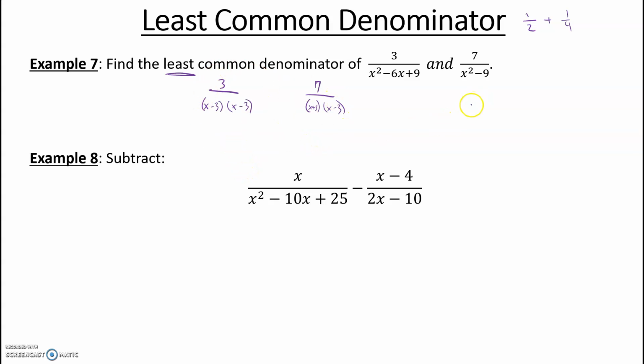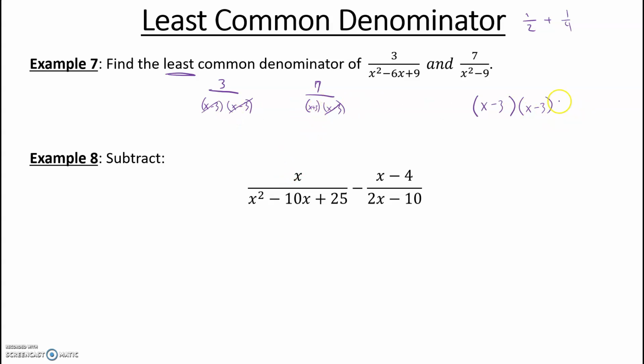So let's see what our common denominator is going to be. Well, we know both of them have an x minus 3, so we're going to grab one of those. This one actually has another x minus 3, so you do have to use it.